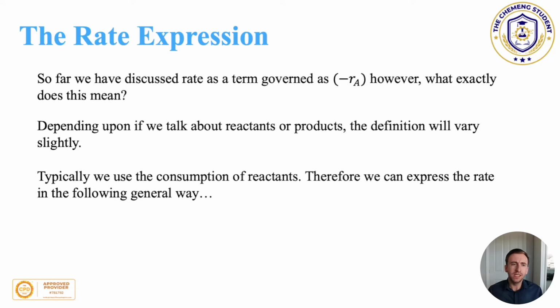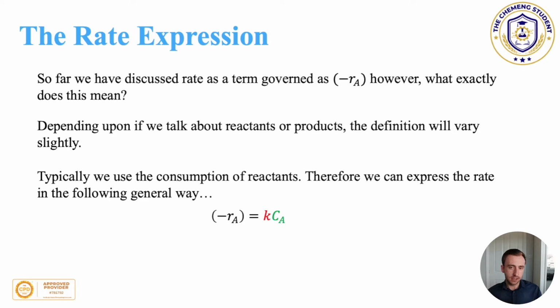We've defined minus RA and spoke about it in the context of the reaction rate. But what does it actually mean? It depends if we talk about the reactants or the products. The definition will change ever so slightly. But typically we refer to the reaction rate as the consumption of the reactants. So usually component A is one of the reactants.